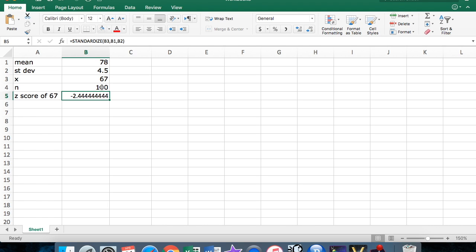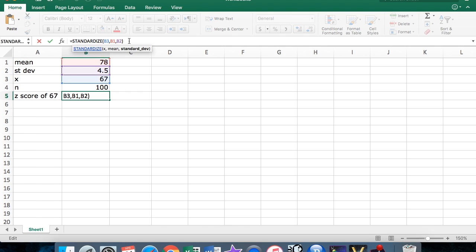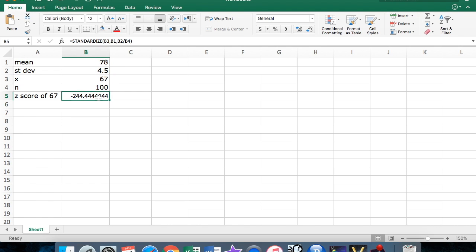So this means that you have to do your population standard deviation divided by the square root of n. So in here you would just do, where's my standard deviation? Well, right there. So I divide it by the square root of n. So yeah, right? So then that would be kind of the same, I guess. But that's what it would be. So it looks, whoa, very, very different, right?